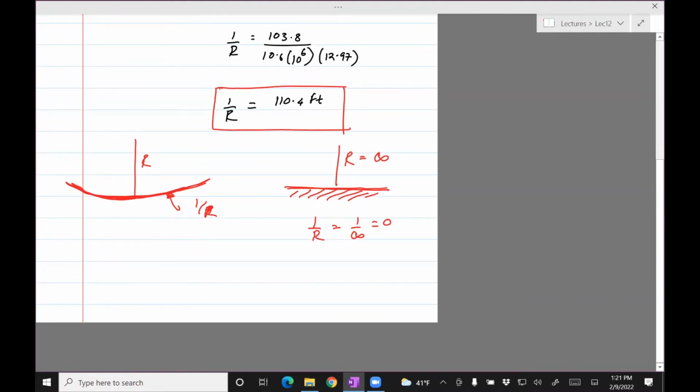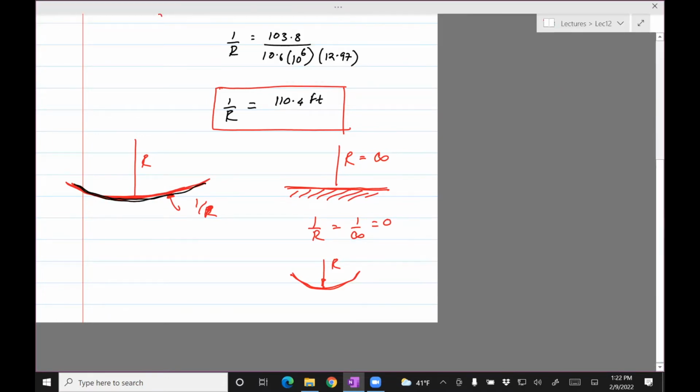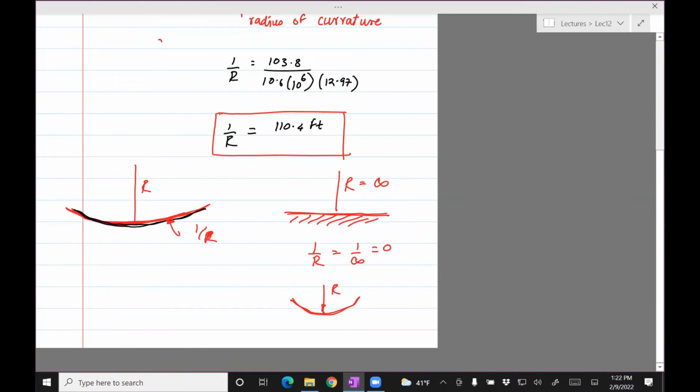The moment you keep decreasing R, you'll see it becomes curved. So 1 divided by R gives you a sense of the curvature. For a beam, what you expect is it won't really bend that much, right? It will be slightly bent, because if it bends too much, then that's not a very strong structure. Just imagine seeing a bridge which is sagging by a large distance. So is there something wrong? If 1 divided by R is such a large number, then R is very small. That doesn't look right. I think I made a calculation mistake here.